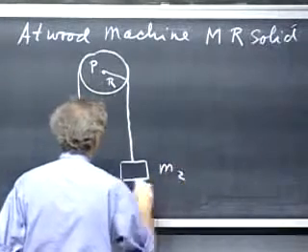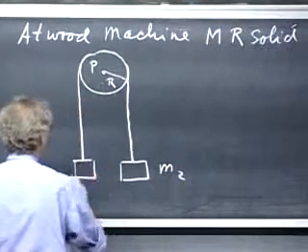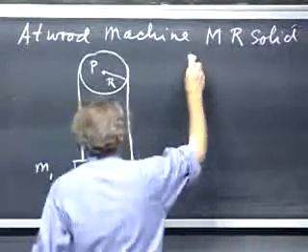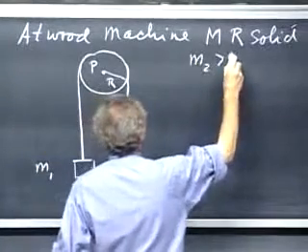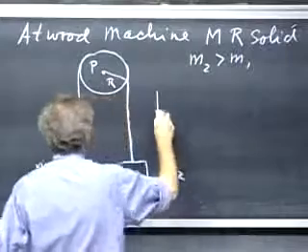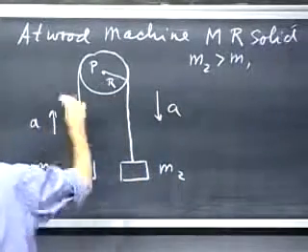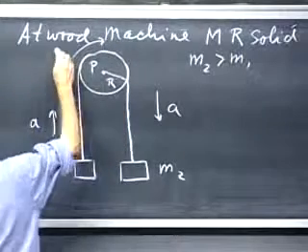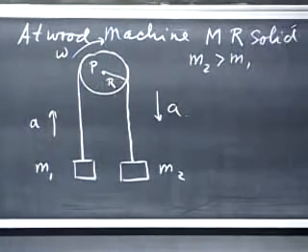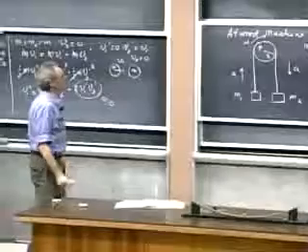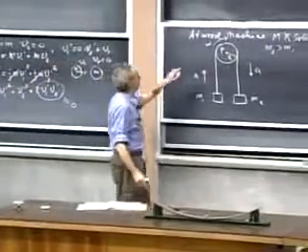Mass M2 is here, and mass M1 is here. And let's assume that M2 is larger than M1. So this will be accelerated in this direction, this will be accelerated in this direction, and the pulley will start to rotate with angular velocity omega, which will be a function of time.